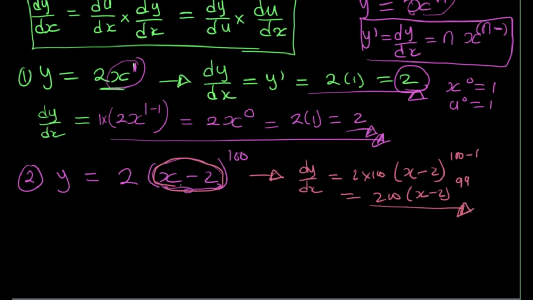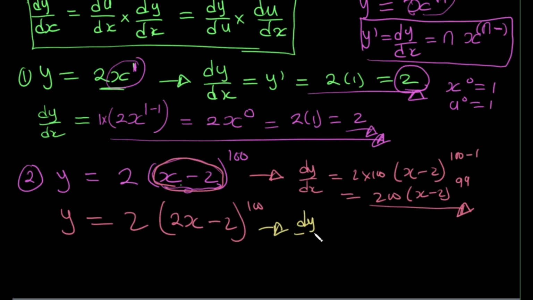However, let's say instead of having x there, we had (2x minus 2) to the power 100. So I need you to see this. If we differentiate this, using the power rule, of course, it becomes 200 multiplied by (2x minus 2) to the power 99.